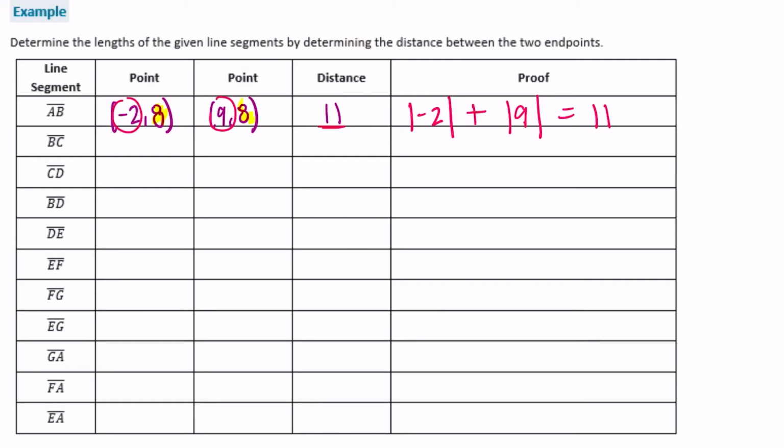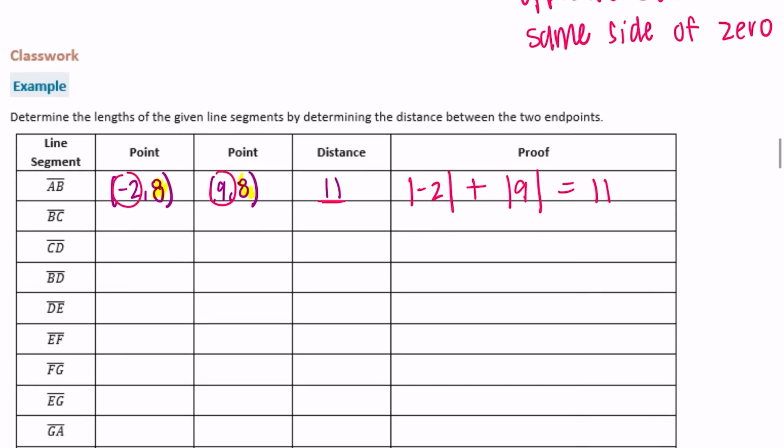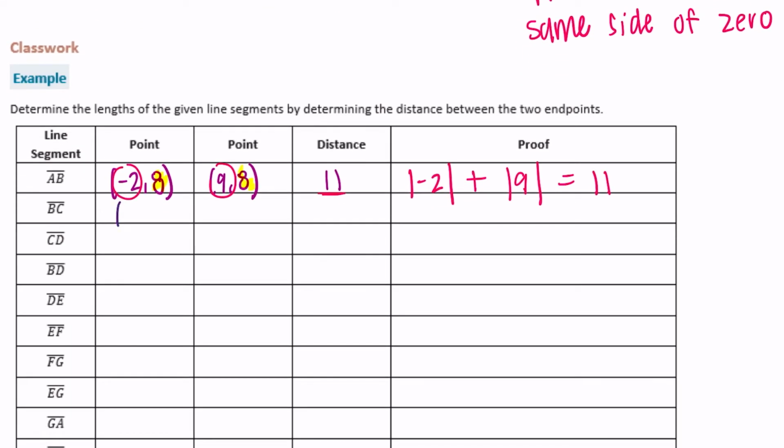Okay, let's do BC. All right, so BC is right here. So B is going to be at 9, 8, which we already knew from the last problem.